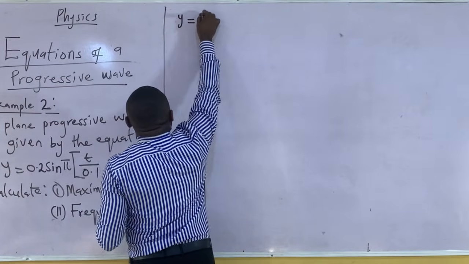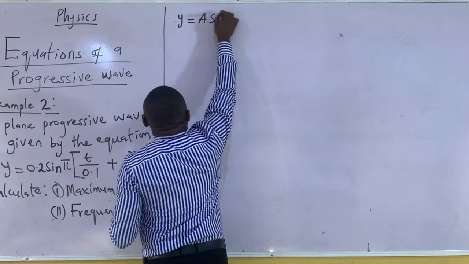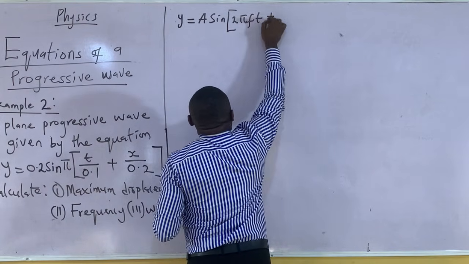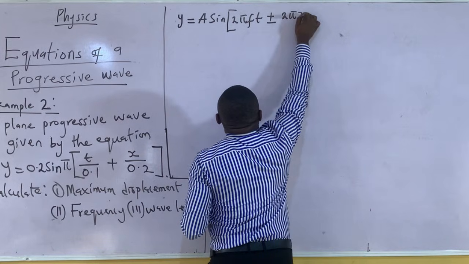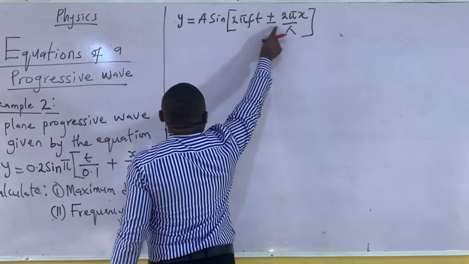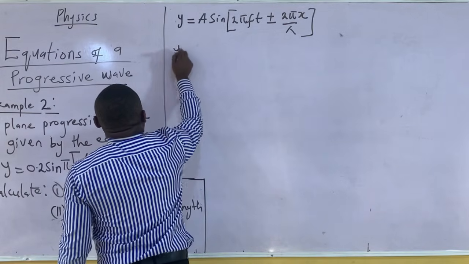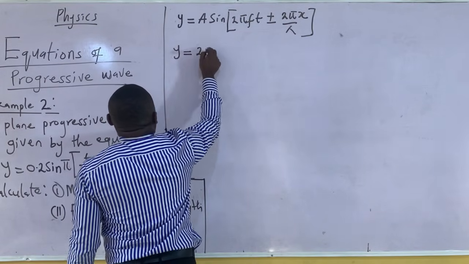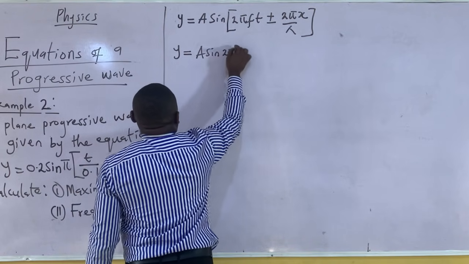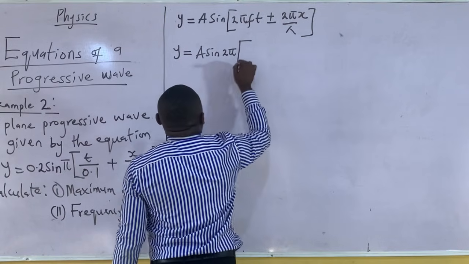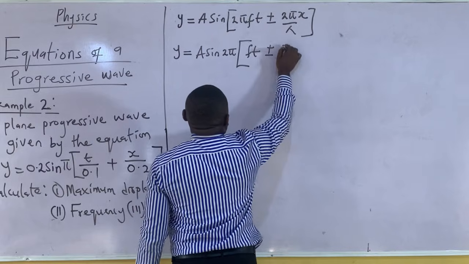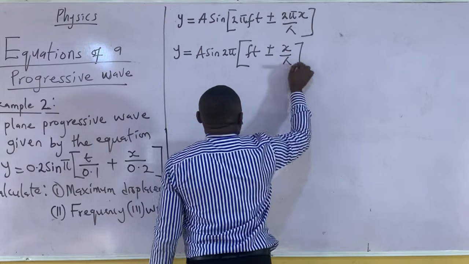y is equal to, I will reiterate again, a sine open bracket 2 pi ft plus or minus 2 pi x over lambda. Now this is the equation. Now bringing out your 2 pi, you have y is equal to a sine 2 pi open bracket ft plus or minus x over lambda.